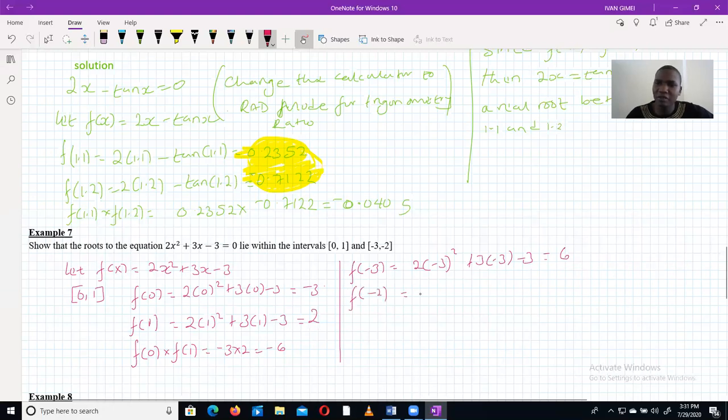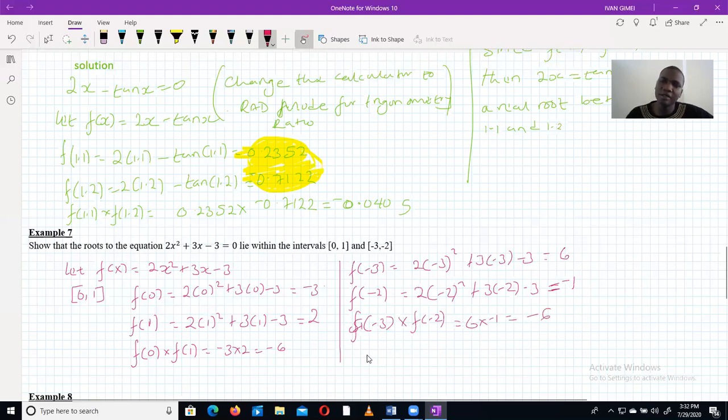This will be the same as 2 into negative 2 squared plus 3 into negative 2 minus 3. This gives me 8 minus 6, which is 2, minus 3, this is minus 1. So we say, what is f of negative 3 times f of negative 2? This gives me 6 times negative 1, it is negative 6.